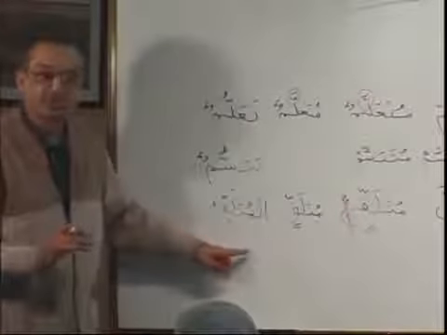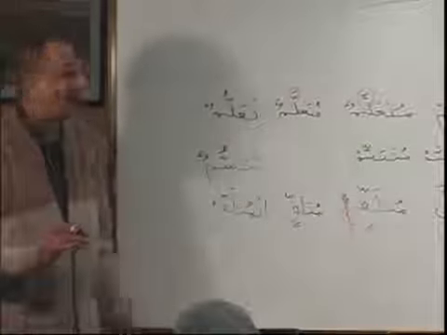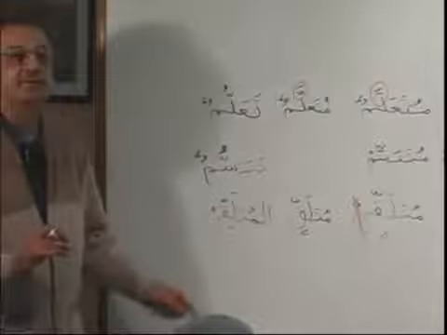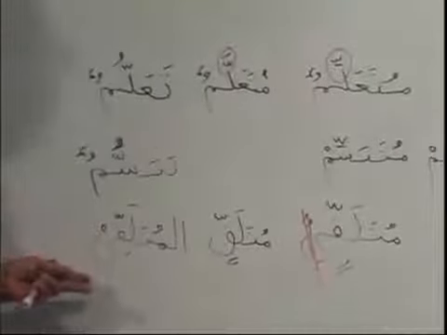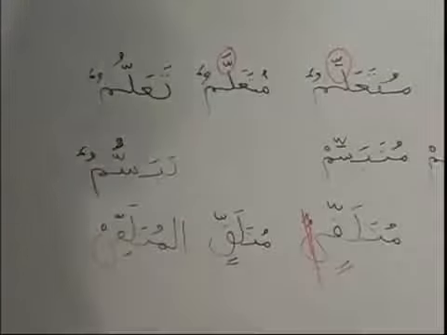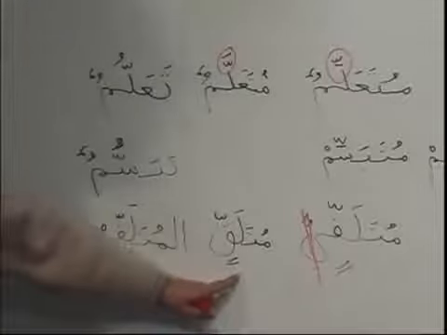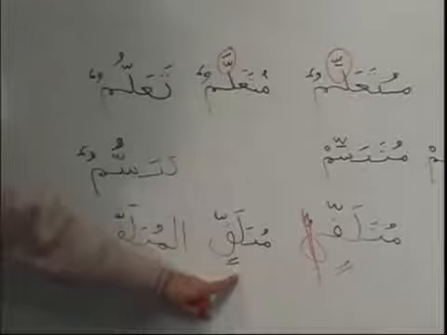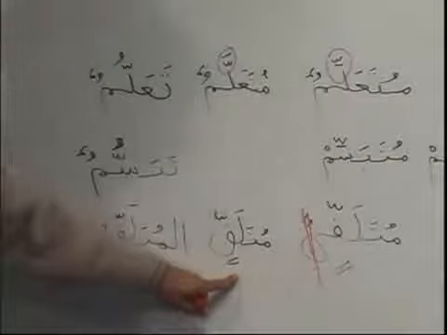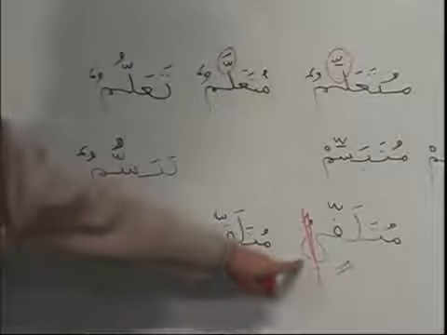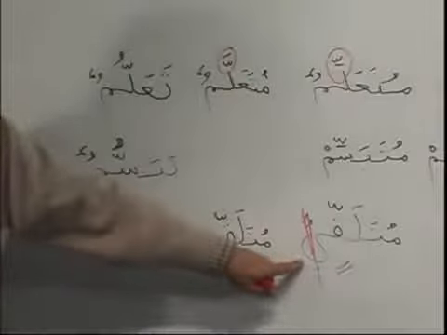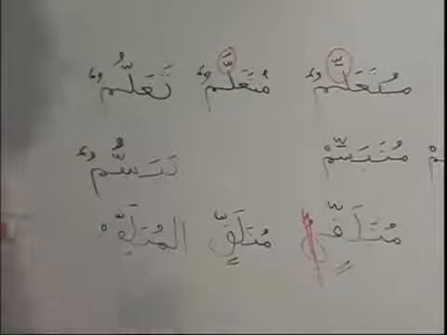Ismun marfu'un wa alamatu raf'ihi ad-dammatul muqaddara. Because the ya is there, so dammatul muqaddara alal ya, you can say. And here you will say ad-dammatul muqaddara alal ya'i al-mahzufati, because here the ya was dropped, which had a damma. Here I can see the ya, so it is dammatul muqaddara.